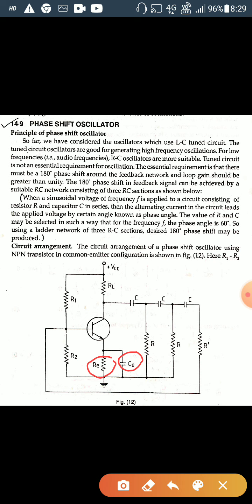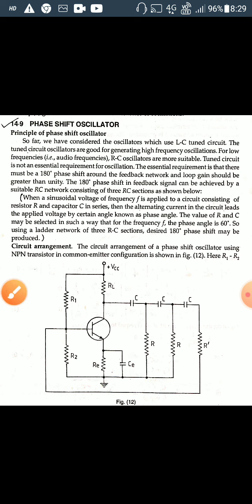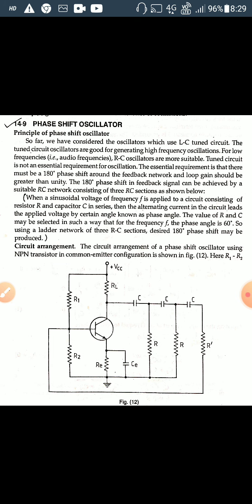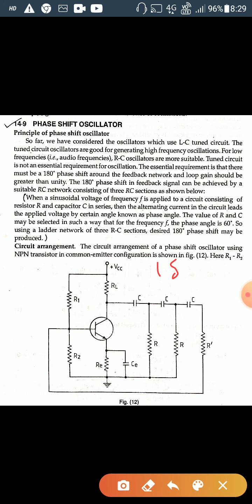So now we have to check the way by which the phase shift oscillator works. Here, three capacitor and resistor sections are added because we have to obtain a total 180-degree phase shift due to this RC combination.